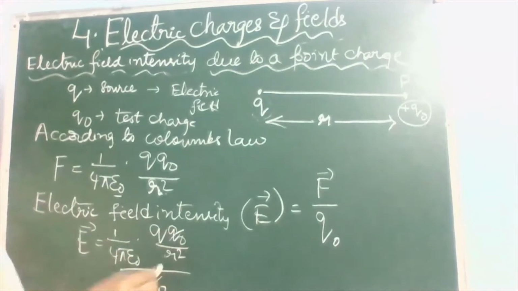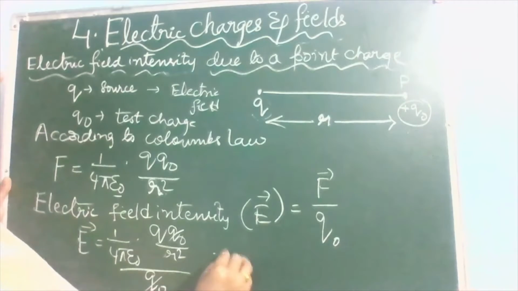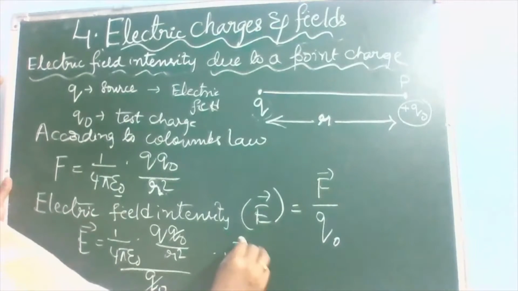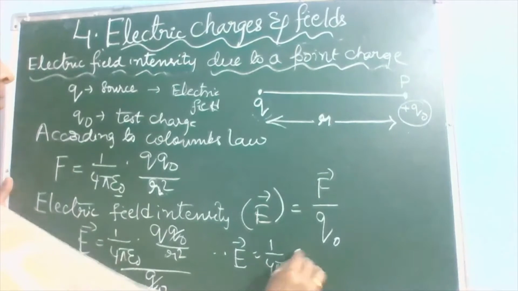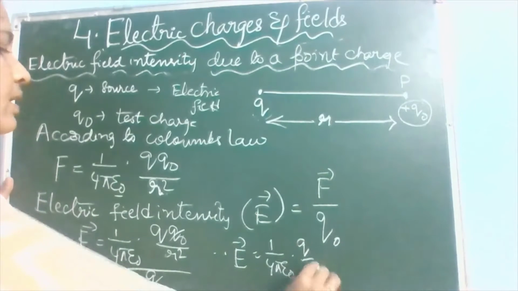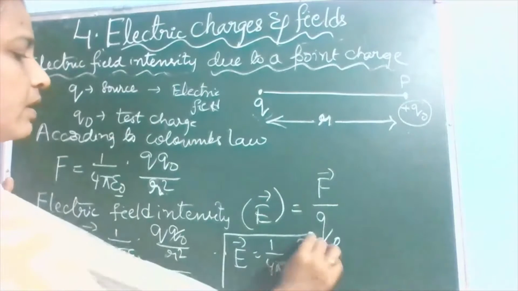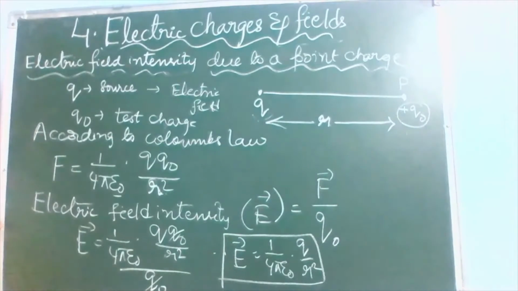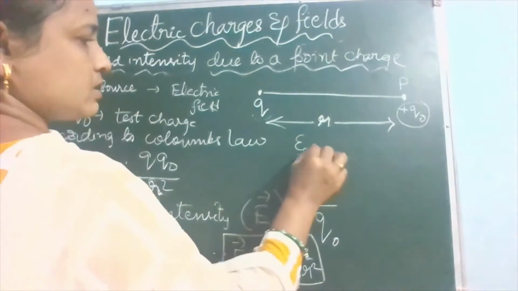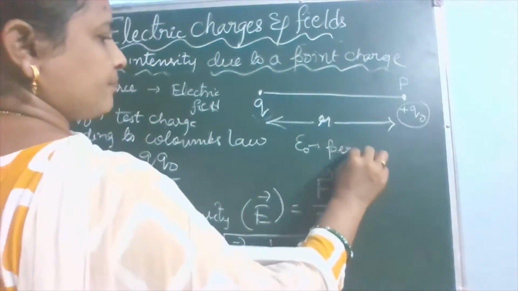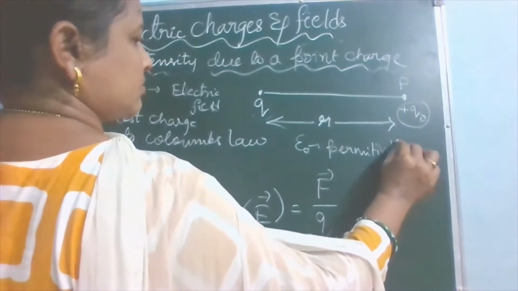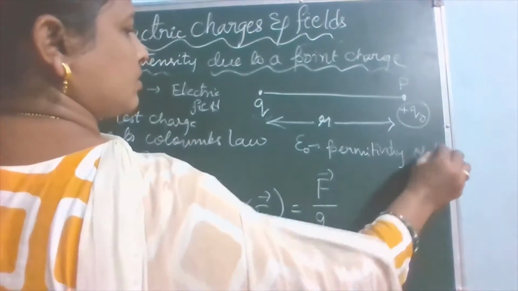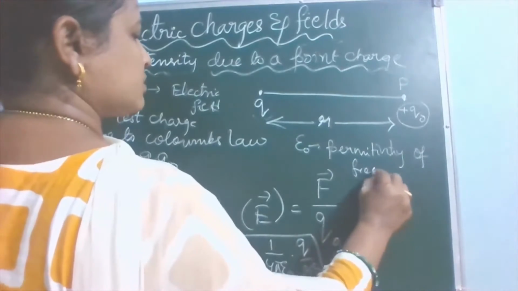So Q naught gets cancelled, and we get E equals 1 by 4 pi epsilon naught into Q by R square, where epsilon naught is the permittivity of free space.